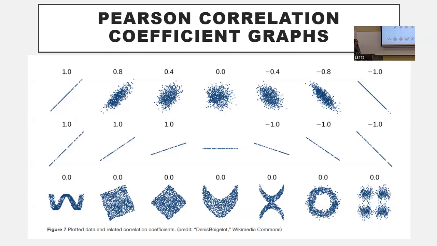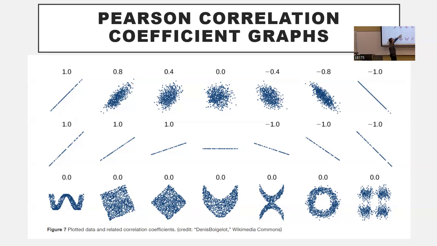Here's some examples with lots of points so that you can kind of see what's going on. So in this top line, when all of our points form a perfectly straight line, then we get an R value of 1. If there's kind of a pattern that goes up and to the right, then our R value is, in this case, 0.8.